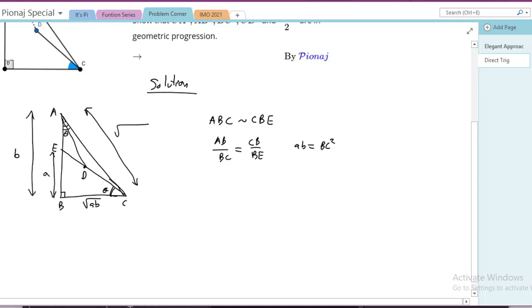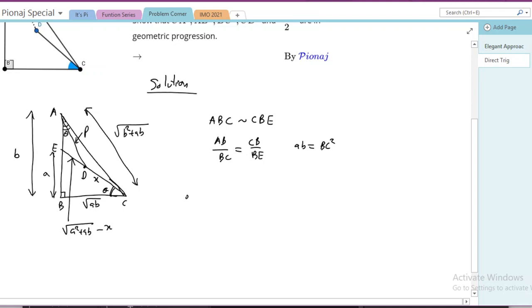This would be square root of B squared plus AB, and if you call this length CD x, then this length here would be CE minus x, and CE from Pythagoras once more would be square root of A squared plus AB, minus x, and call this let's say P.